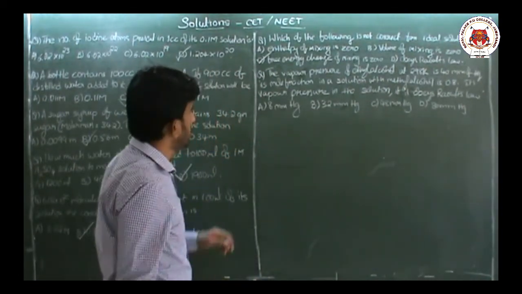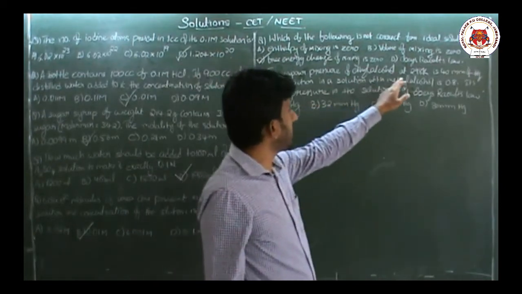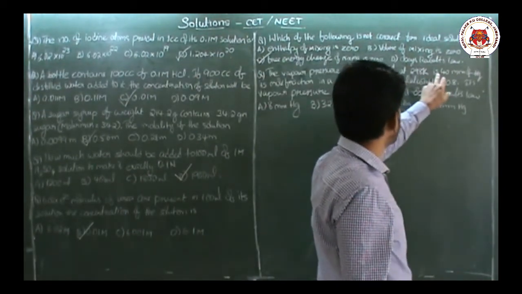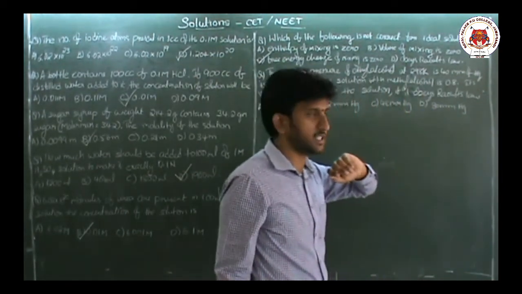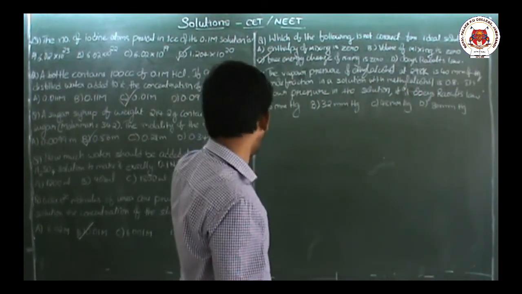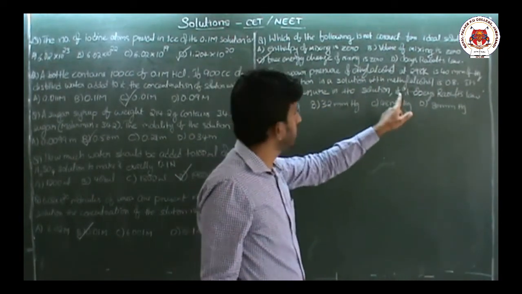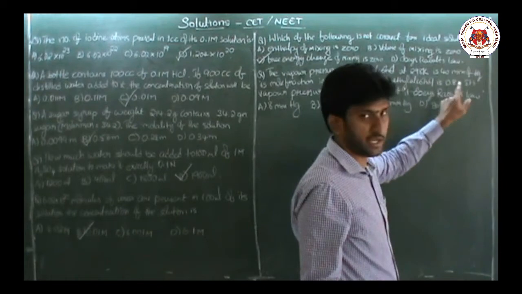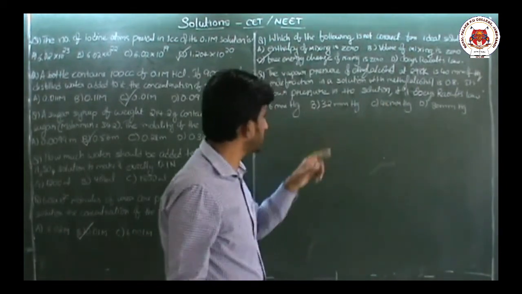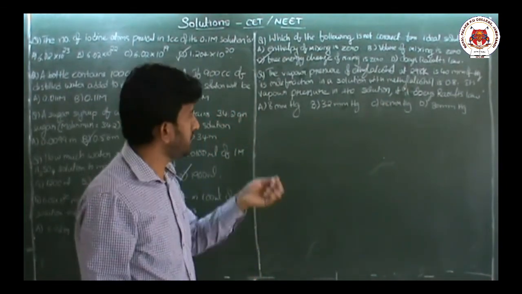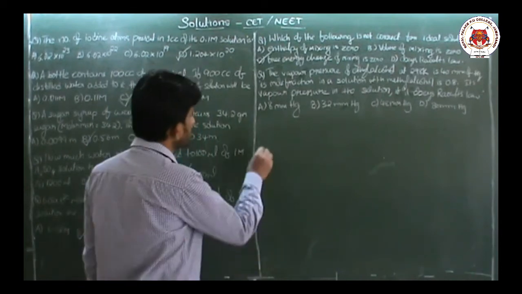Next question is, the vapor pressure of ethyl alcohol at 298 kelvins is 40 mm of Hg. Its mole fraction in the solution with methyl alcohol is 0.8. Find its vapor pressure in the solution if it obeys Raoult's law.